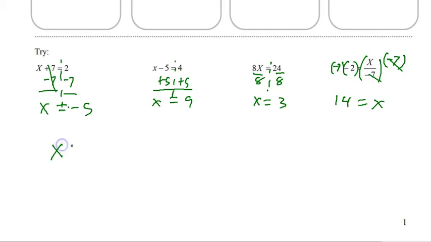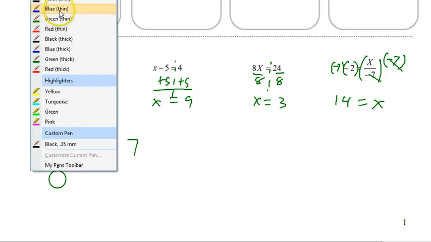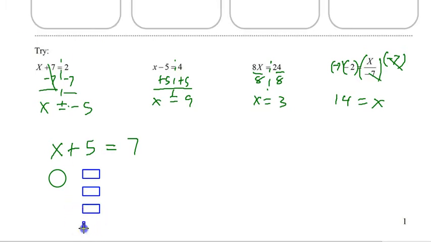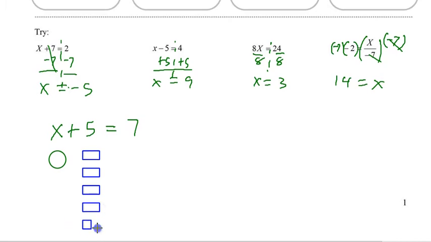So let's just say that we have x plus 5 equals 7. So what this actually represents is this. You have one little x, and we'll call these the 5s. 1, 2, 3, 4, 5.